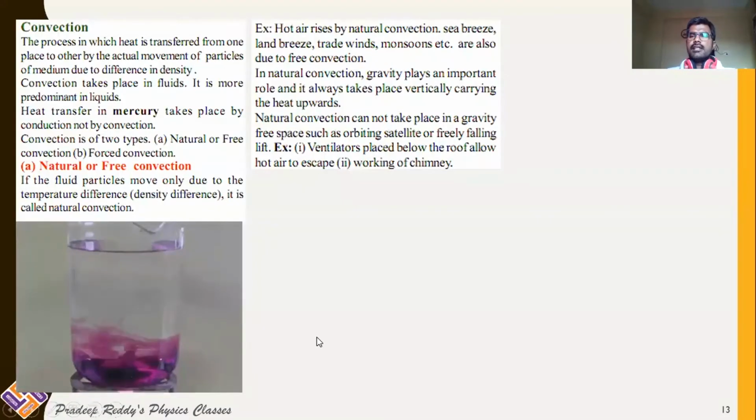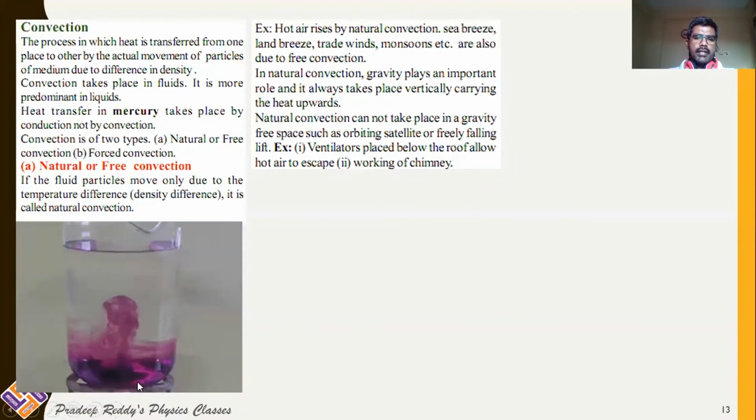Students, conduction is the process where heat transfer takes place through physical contact. But in convection, it is not like that. Actual molecules transfer heat energy. In the animation provided in the slide, at the bottom of the glass there is some water, and some color is being mixed at the bottom.